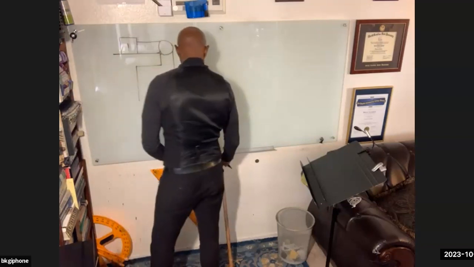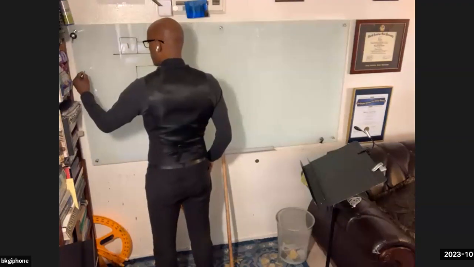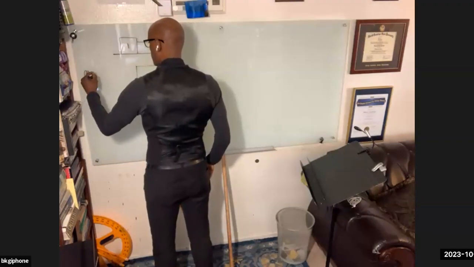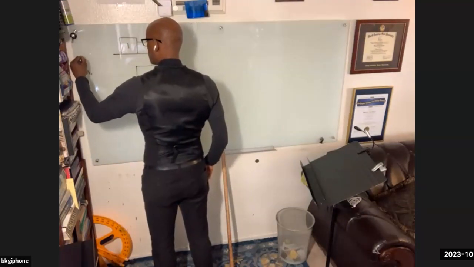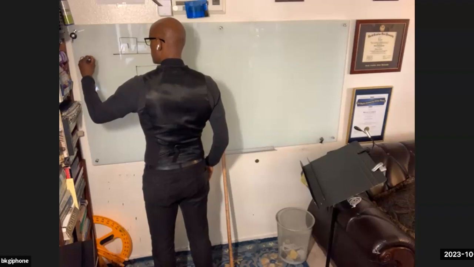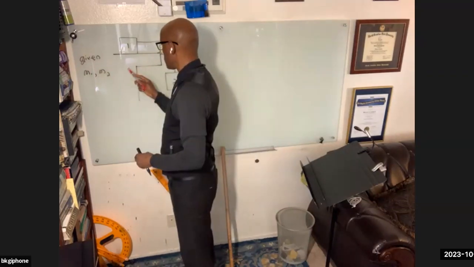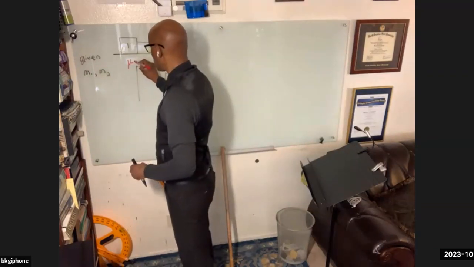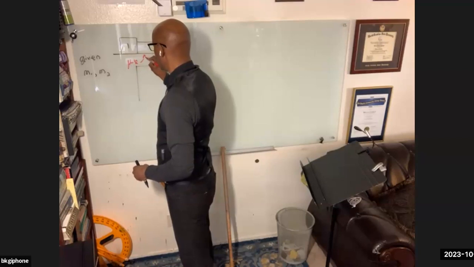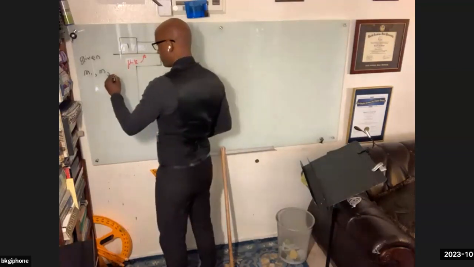Now, what's known are the masses. We also now have to assign a coefficient of friction to the plane. So we're going to say mu k is here, and that's a known value.